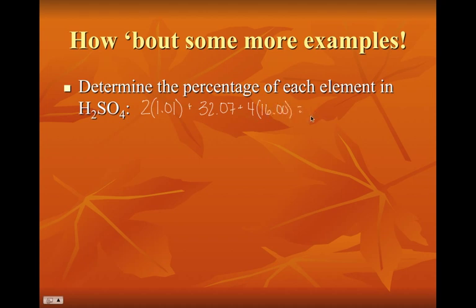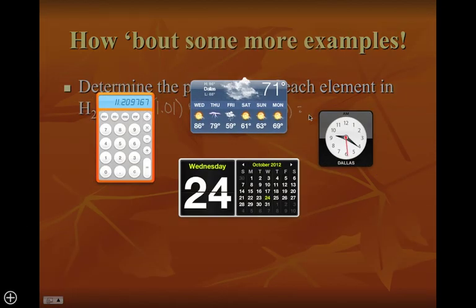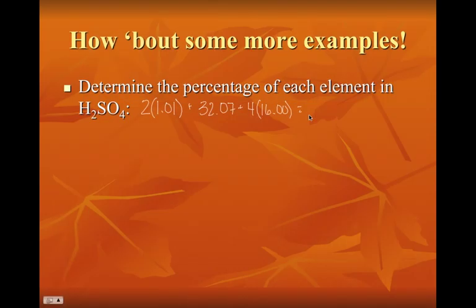Using my calculator, 2.02 plus 32.07 plus 4 times 16, that's 64, equals 98.09. And the units on that are going to be grams per mole. Or if we were talking about an individual molecule of sulfuric acid, then that would be AMUs.